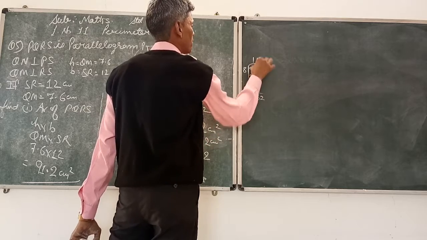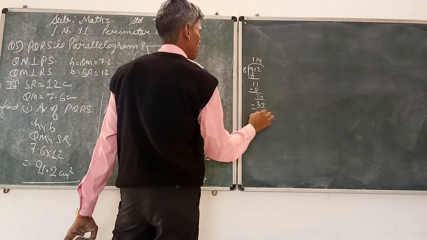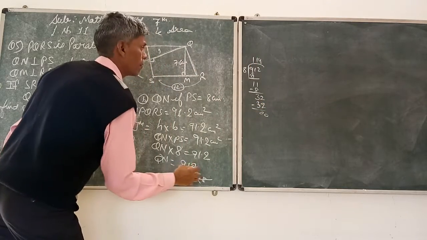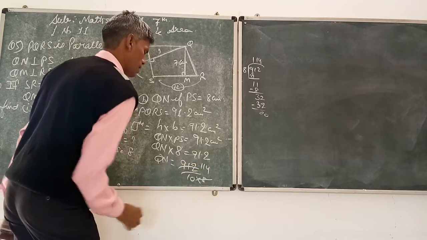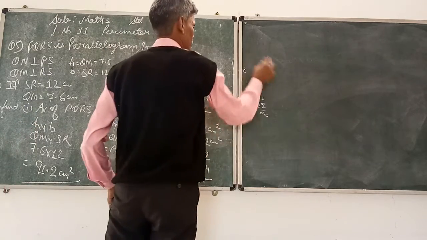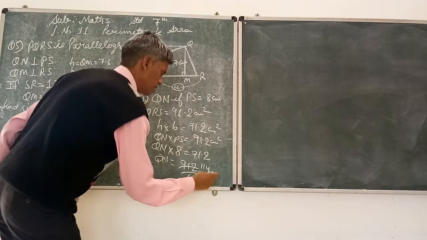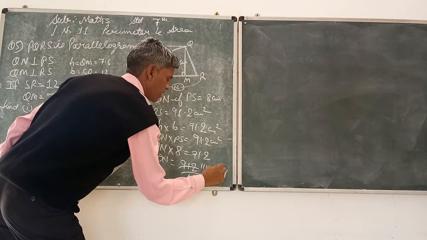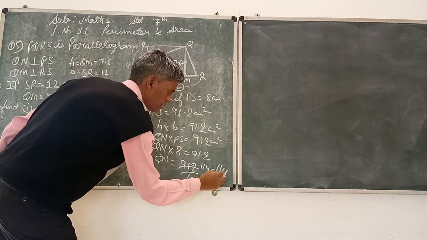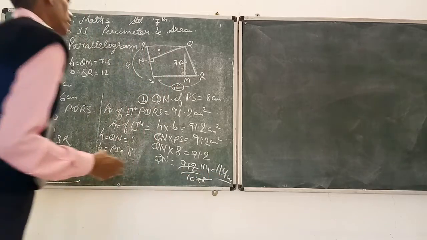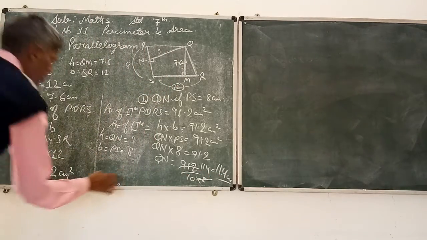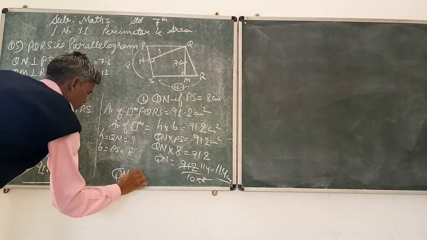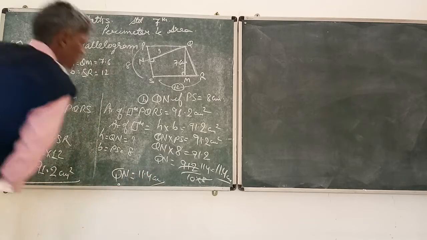Bring this 2 here. 8 fours are 32. So 114 upon 10, this is the point. So 11.4 is QN. QN is 11.4 centimeter.